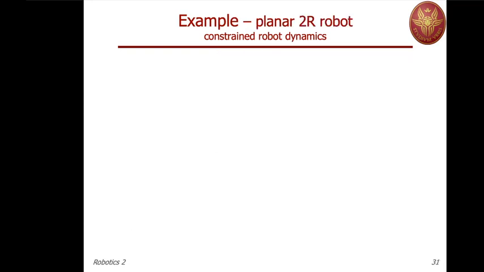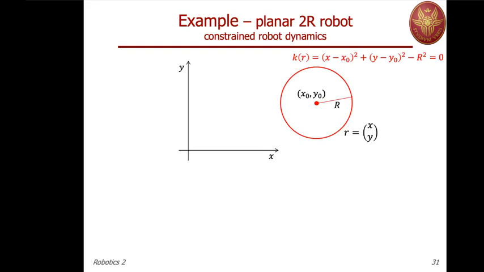Now let's look at a slightly more complex example, namely the planar 2R robot that we have used as a more complex situation of constraint. So we start first from the constraint itself. There's no robot in the picture.